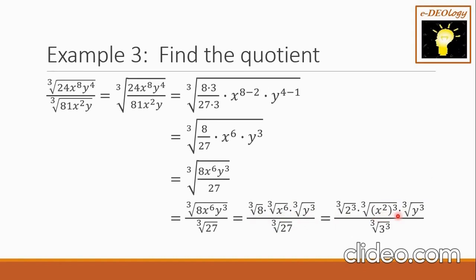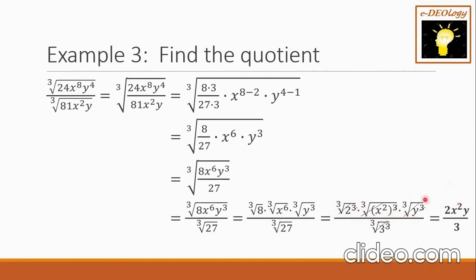So from here we can now simplify. We can now cancel the radical and the powers respectively. So for the first term, we can cancel the radical with the power 3. So only the base 2 will come here. In the second term, we cancel the radical also with that power 3. Only the x squared will come here.